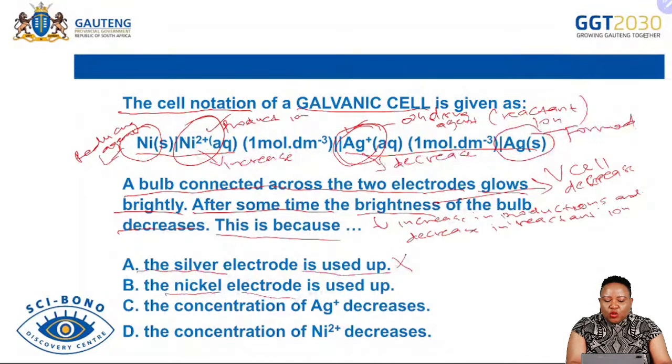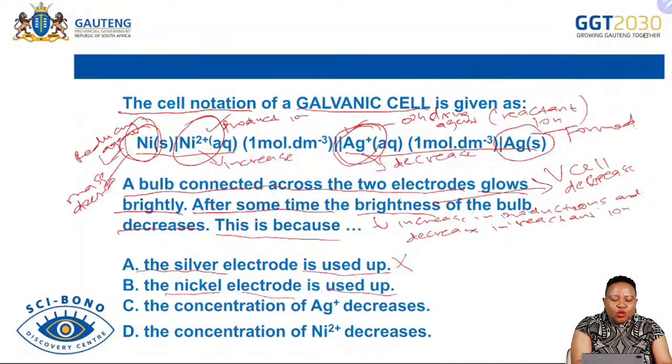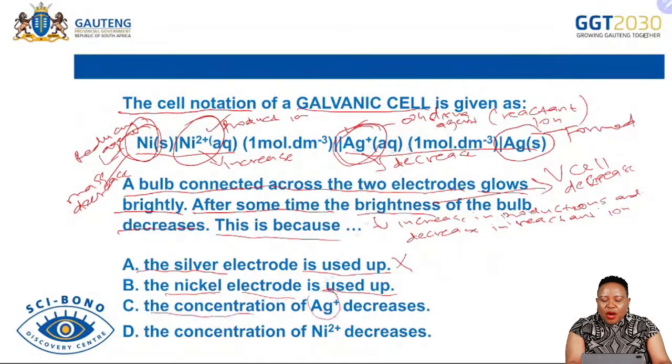Nickel electrode is used up? Nickel electrode cannot be used up, even though the mass of nickel will decrease, it will never be used up in this reaction. Now, concentration of silver ion decreases. What are we expecting? We are expecting the silver ion concentration to decrease. This must be a correct statement.